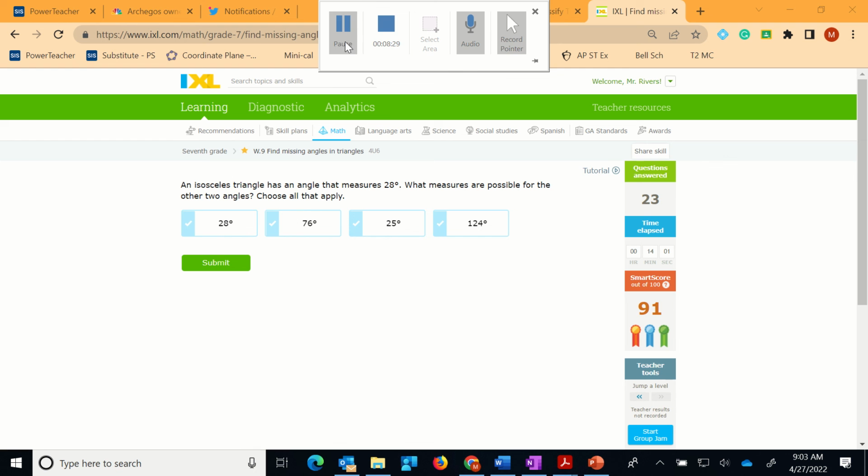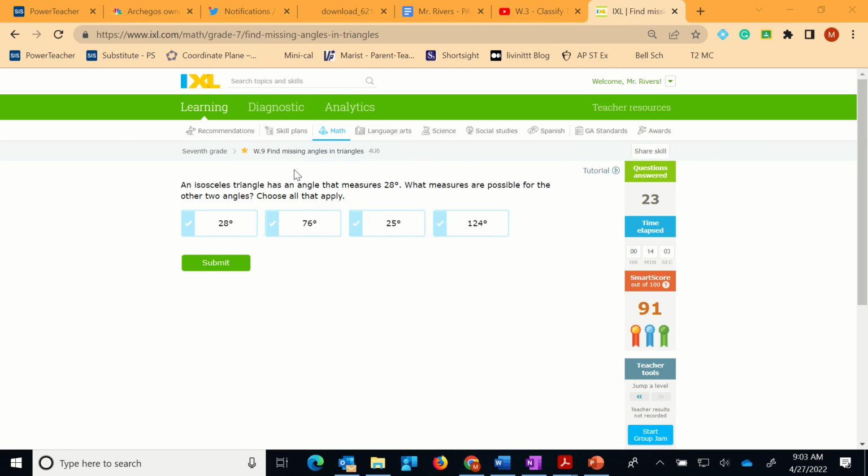Okay, so here we have another one that's similar to the one I just missed. Let's see if I can get it right this time. An isosceles triangle has an angle that measures 28 degrees. What measures are possible for the other two angles? Well, we know one of them is going to be 28.